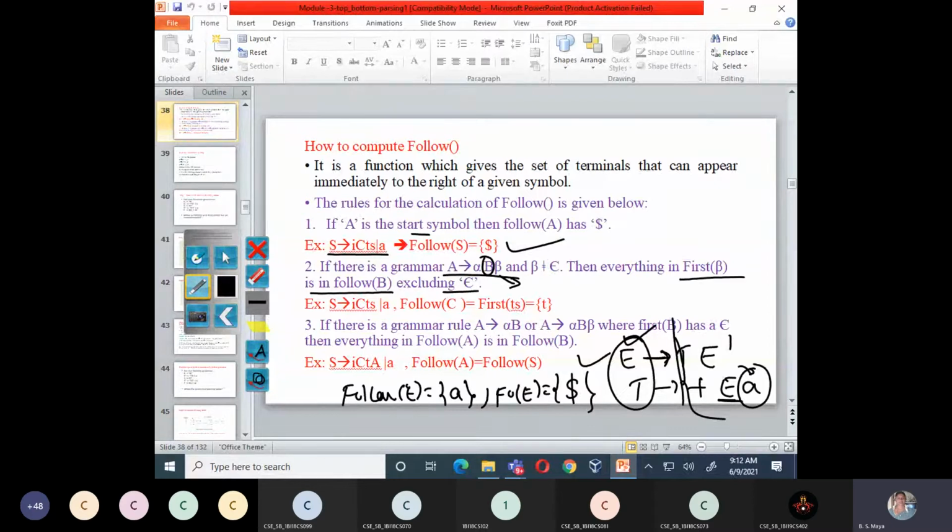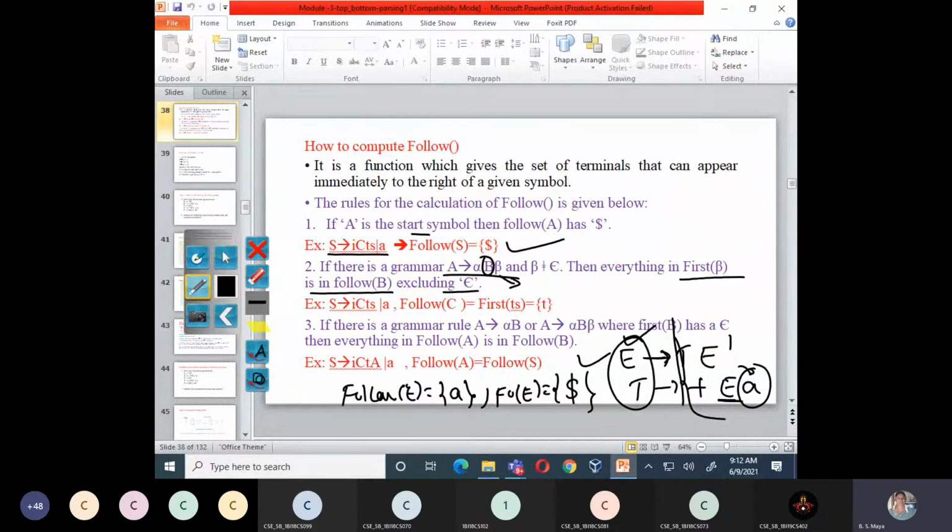If there is a grammar A derives alpha B beta and beta is not equal to epsilon, then everything in first of beta is in follow of B excluding epsilon.